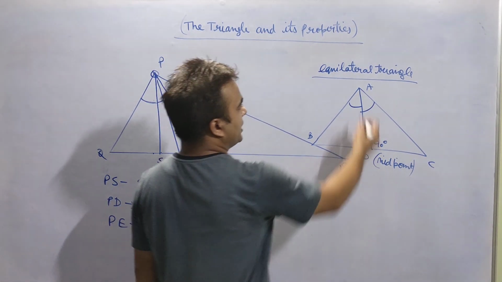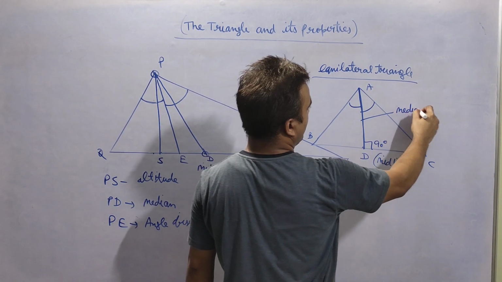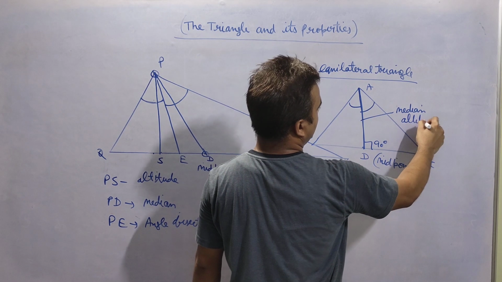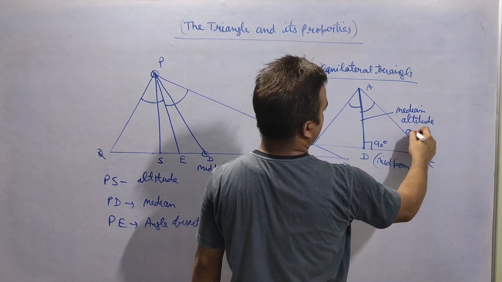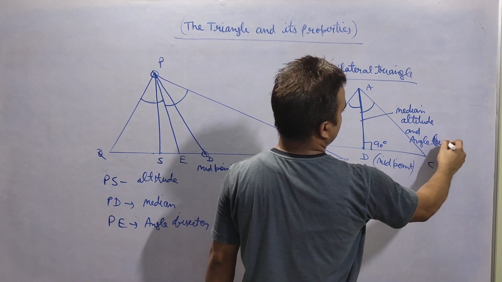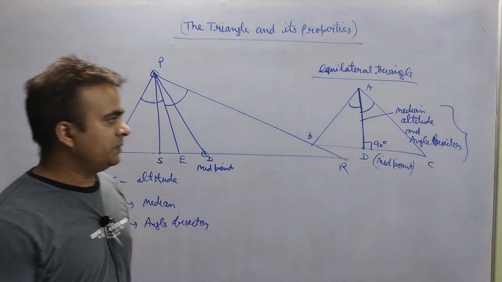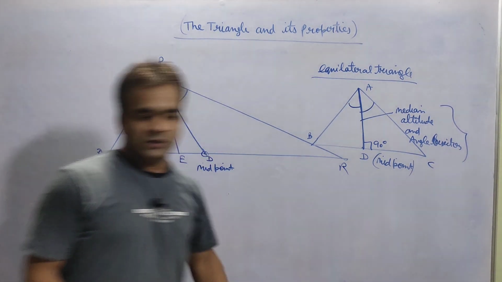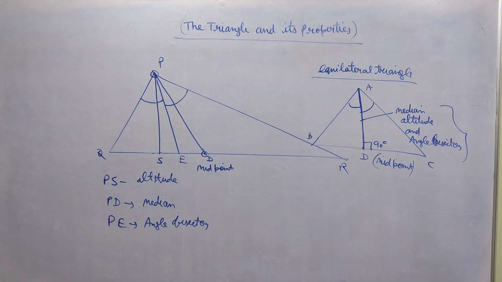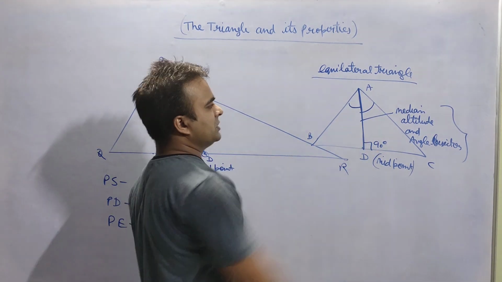So it means in an equilateral triangle, median, altitude and angle bisector can all be represented by one line only. So this particular AD is known by all three names. Whatever is required, you can use it in any way.